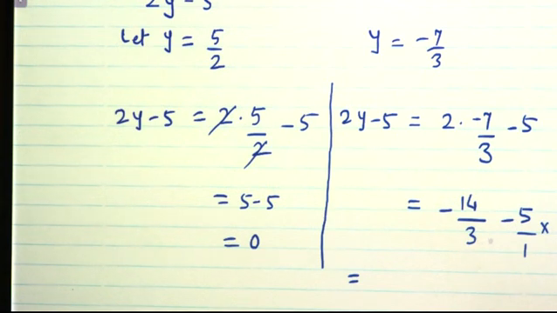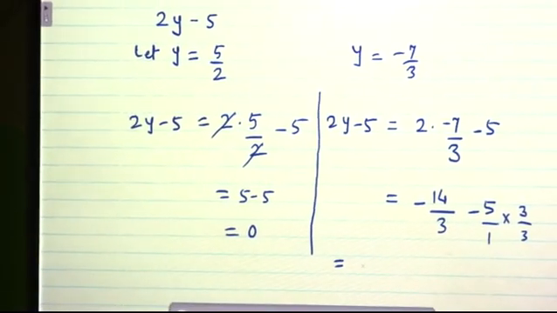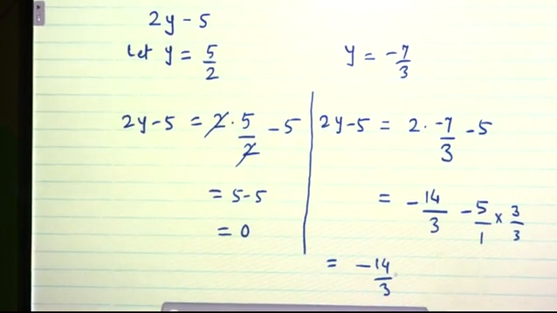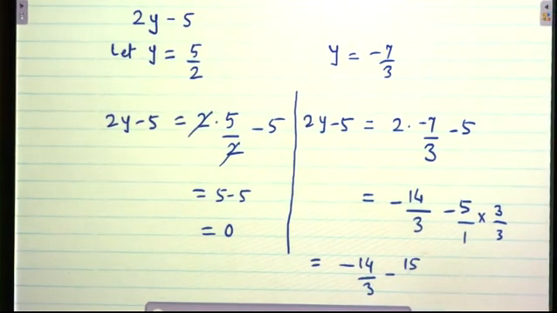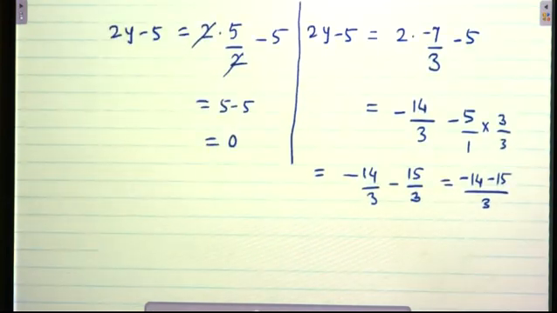So minus 14 upon 3 minus 5 threes are 15, and 1 into 3 is 3. This becomes minus 14 minus 15 upon 3.